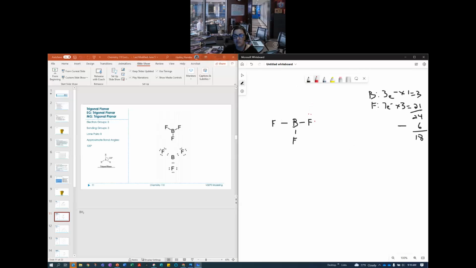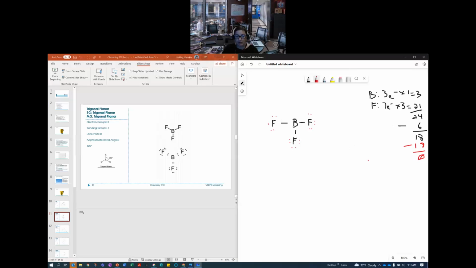So I have 6 on each fluorine. That means that each fluorine now has an octet. 6 times 3 is 18. So that means that I've distributed all of my electrons.